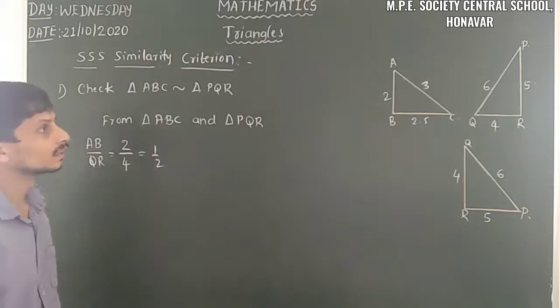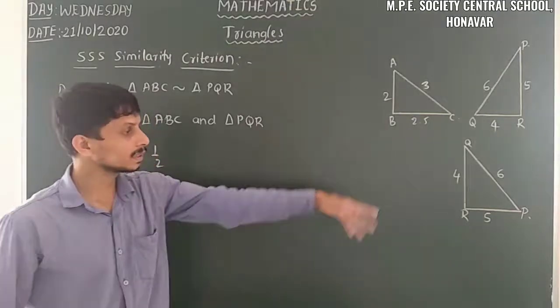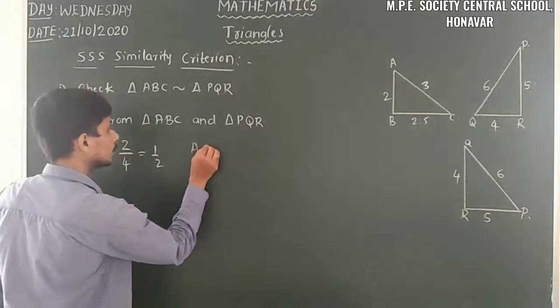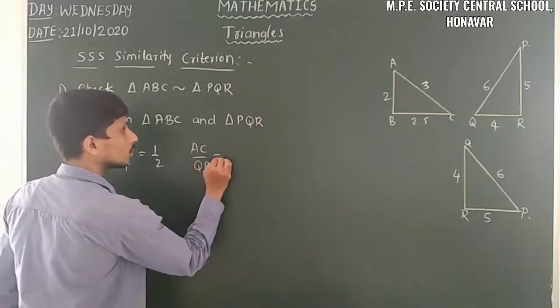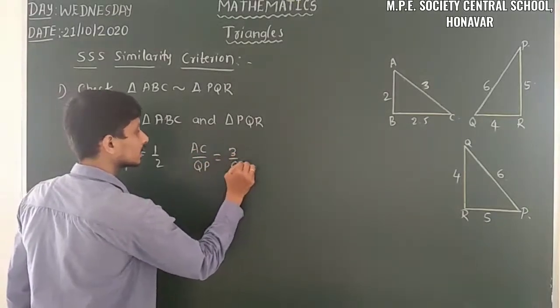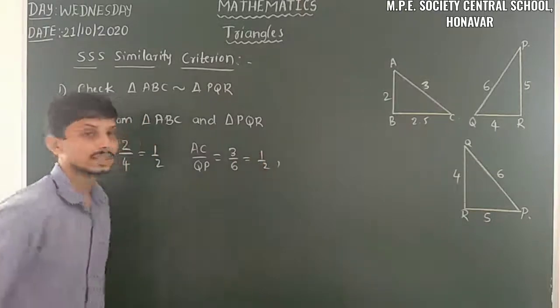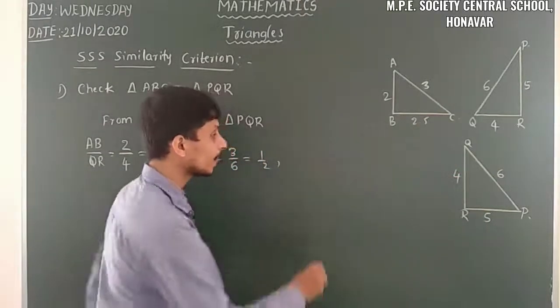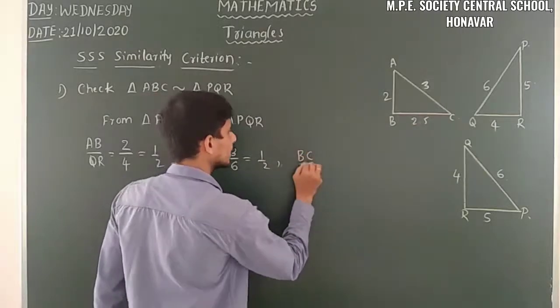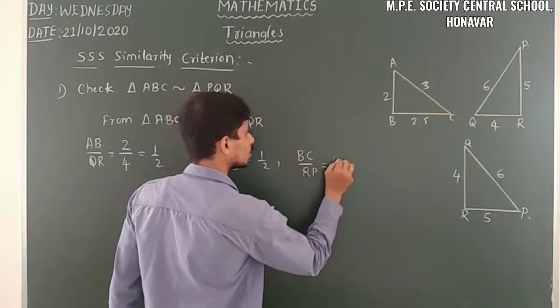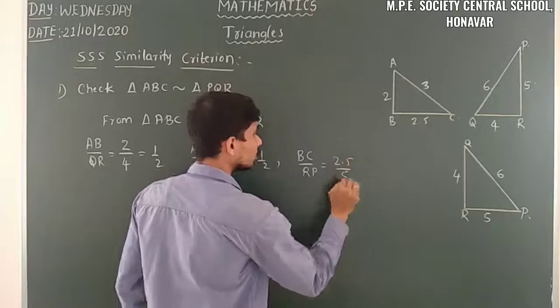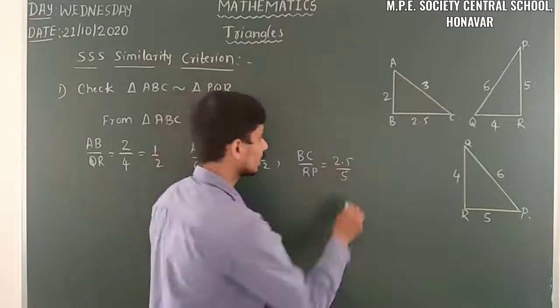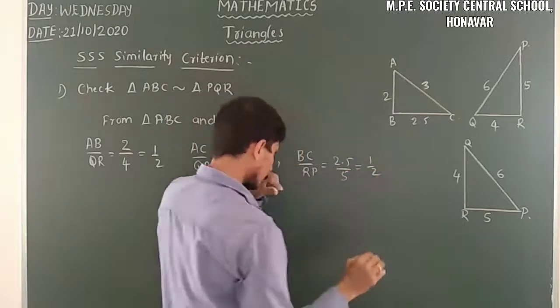Then the hypotenuse, AC by QP, is 3 by 6, equal to 1 by 2. Then the bottom part, BC by RP, is 2.5 by 5. 2 times 2.5 is 5, so that is 1 by 2.